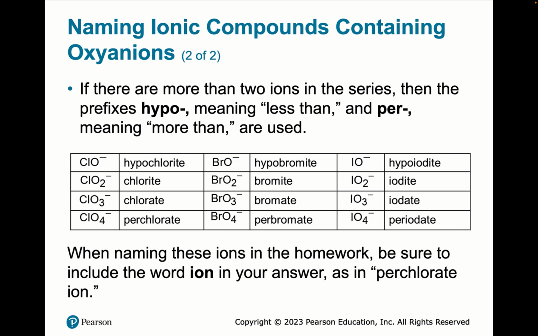Hypo means 1 less than the ite, and per means more than usual. So let's look here at chlorate. You start with chlorate. 1 less oxygen is chlorite, and 1 less is hypochlorite. But then chlorate with 1 more is perchlorate. Same thing, starting with bromate, 1 extra is perbromate, 1 less is bromite, 1 less is hypobromite. Iodate, 1 more, periodate, 1 less than iodate is iodite, 1 less than iodite is hypoiodite.